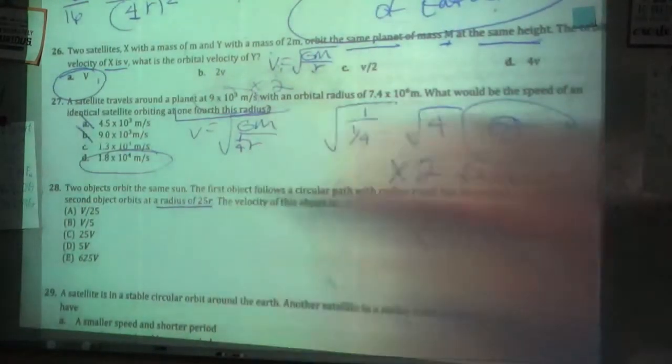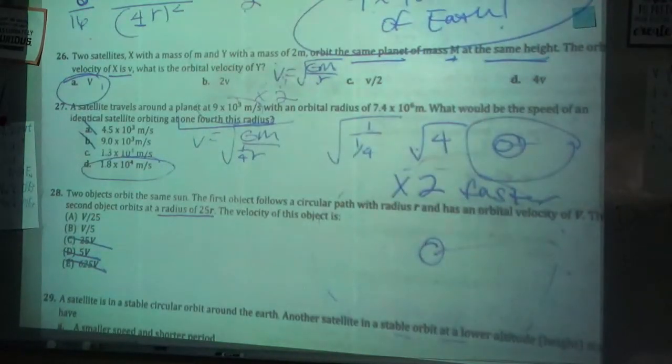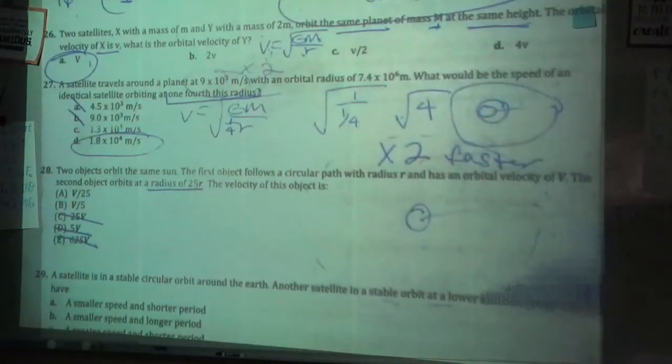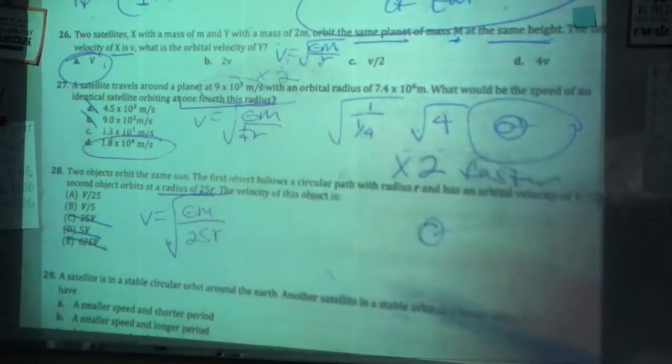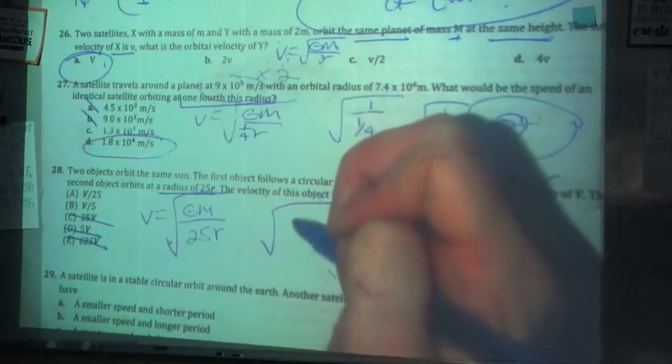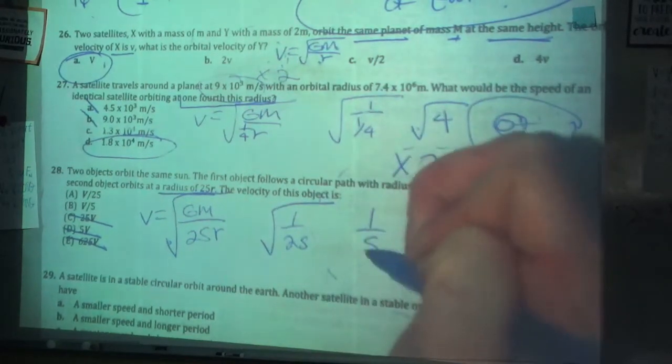So we can cross off 3 of 5, because we know that it needs to be slower, so less velocity, not more. Then to find out how much, we have to plug in what 25r would do. That would be a square root of 1/25, which is 1/5 the velocity, so v/5.